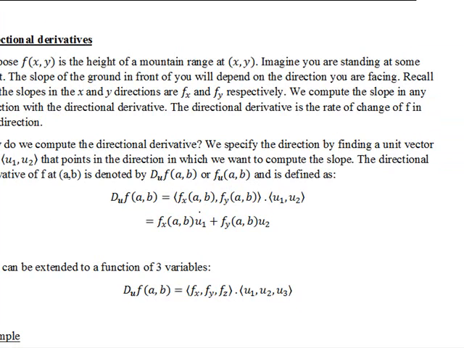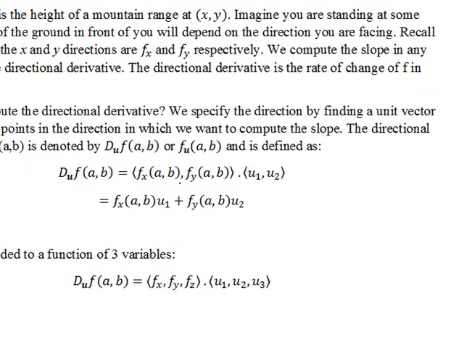So it's the dot product of two vectors. What are the two vectors? The first vector would be the first partials at that point. The second vector would be the unit vector in the direction in which you want to compute the slope. And so you find the dot product.